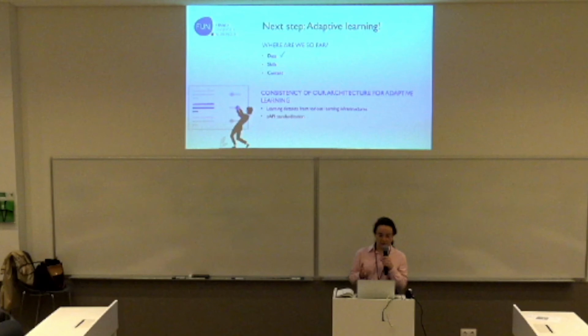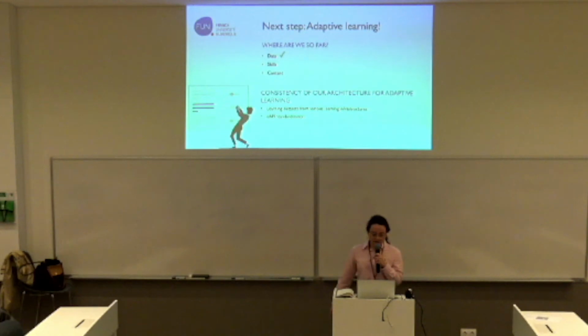The data is the first component, but skills and content remain. So what do we do with these two big components? That's the second step on which we are working and on which we want to go as far as possible.